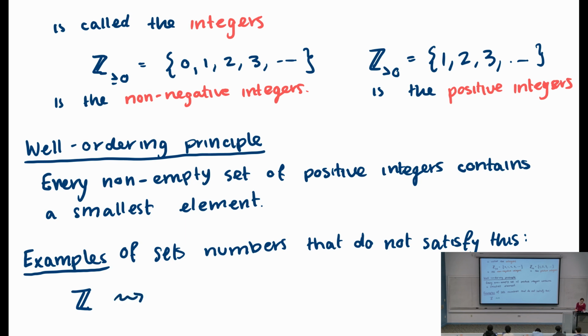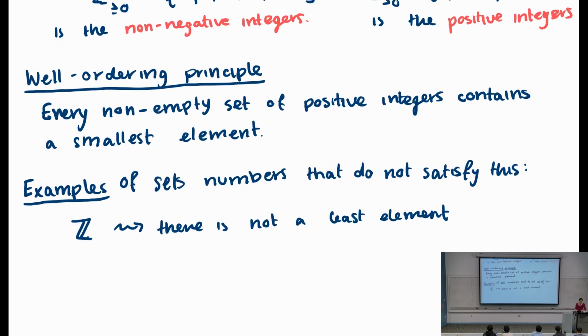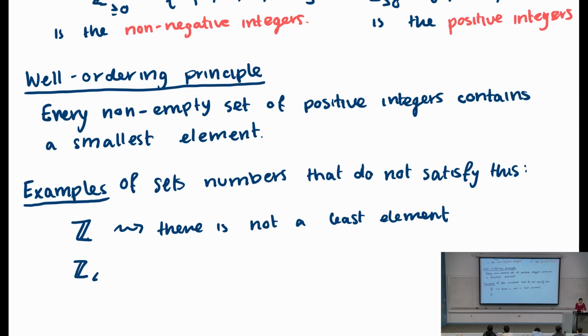There is not a least element, right? Good. Other examples? Yeah, the negative integers would also satisfy that, so just going along with the analogy of our notation, maybe you can predict what this set is. This also does not have a least element. Any others?